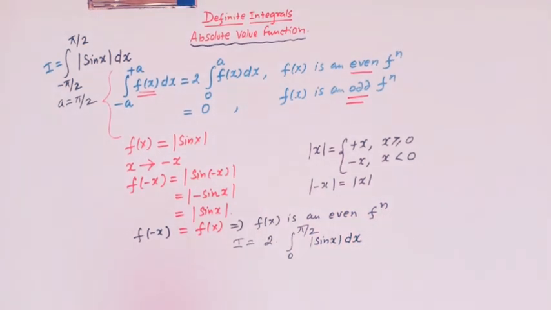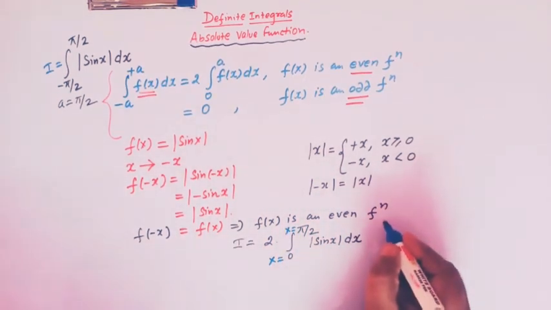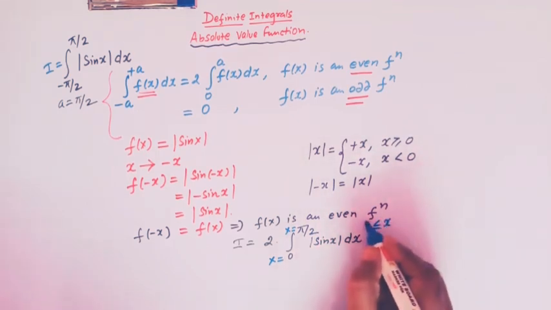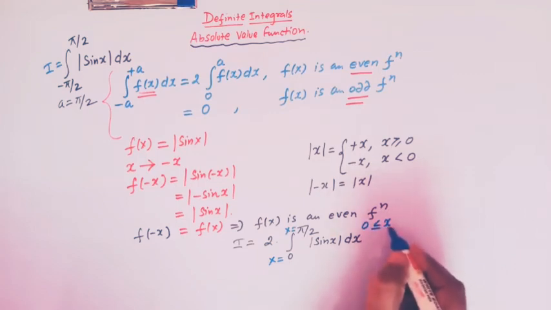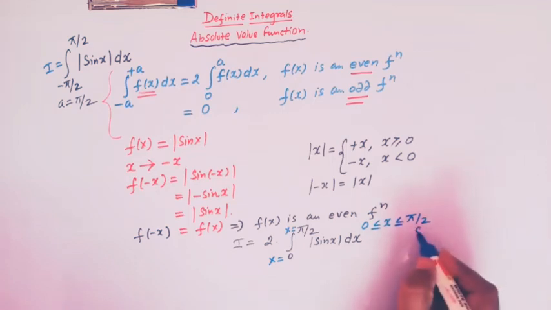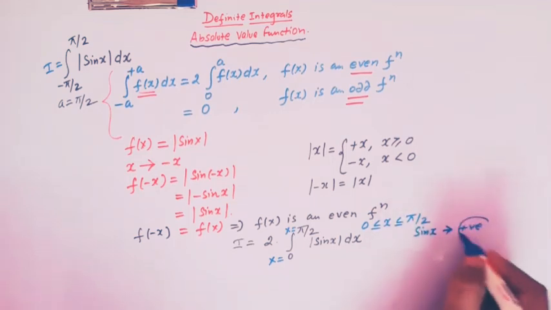Now here again there is a very important concept. Here x varies from 0 to pi by 2, and whenever x is greater than or equal to 0 but less than or equal to pi by 2, sin x is always a positive quantity.